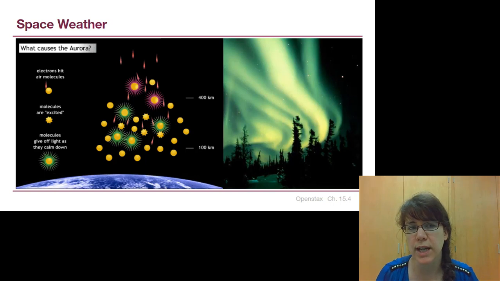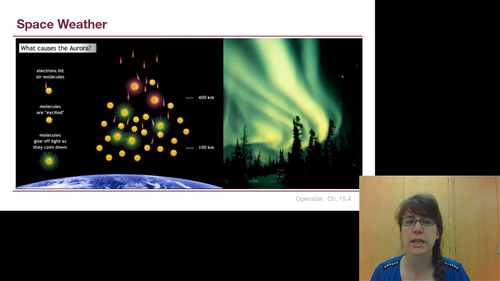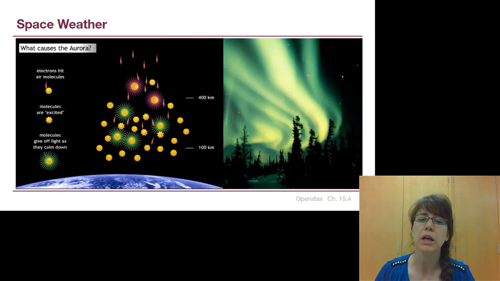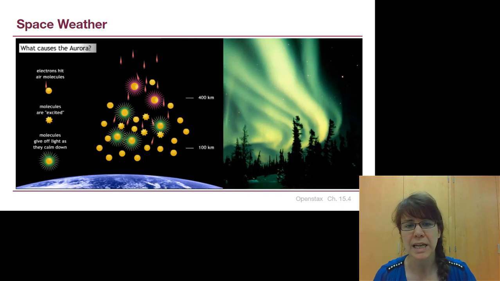And in both of these cases, what we're seeing is electrons that were following the magnetic fields, the electrons from space, from the sun, come down and strike an air molecule. And in a bit of complex physics, but at its heart very similar to what we talked about in Chapter 5, if we have something that is in an excited state, it wants to be in a neutral ground state.